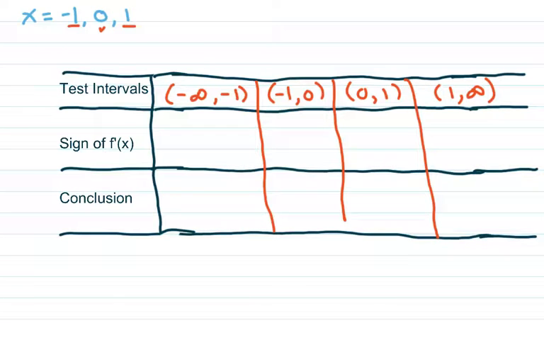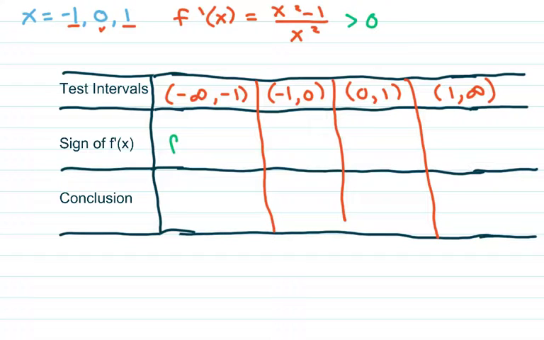Now, my derivative was x squared minus 1 over x squared. So for smaller numbers here, if I put in like negative 2, that's going to square out, and this is going to be positive.